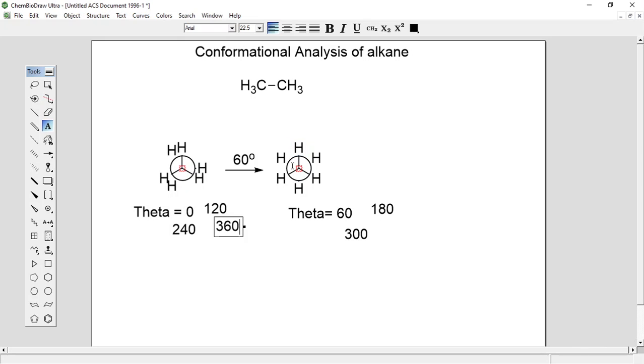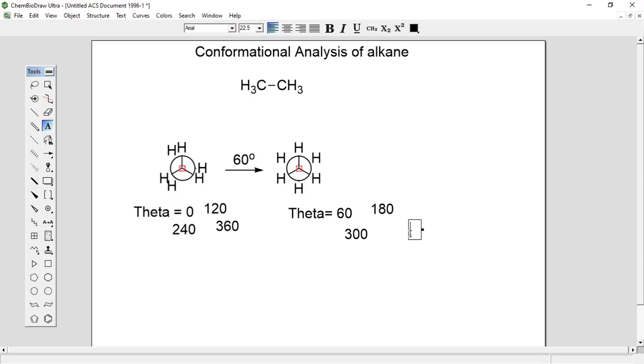So you have to rotate this first carbon at 60 degree intervals. At dihedral angles theta of 0, 120, 240 and 360 you will get the eclipsed conformation, and at dihedral angles 60, 180 and 300 you will get the staggered conformation.